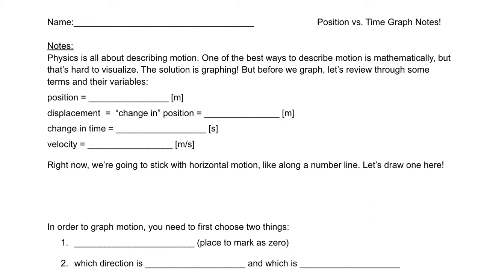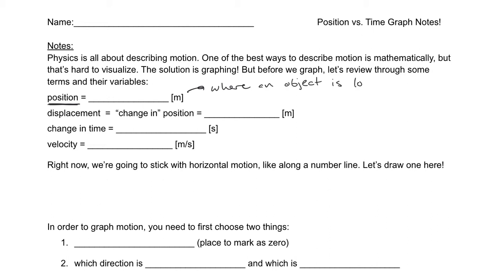So first off, let's go through a few vocabulary words that we learned last time that we need to have on our brains today for position versus time. The first one is position. We actually didn't talk about this one explicitly. Position is simply where an object is located.